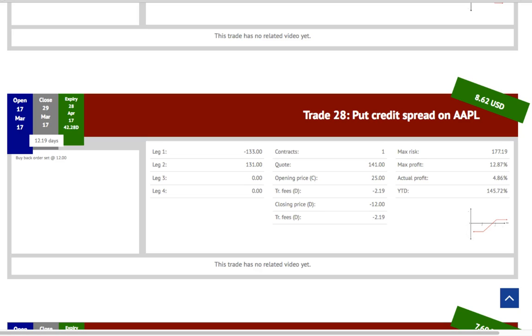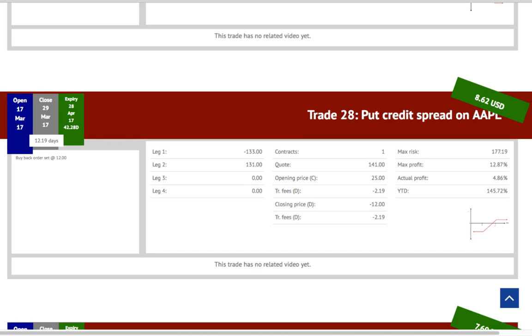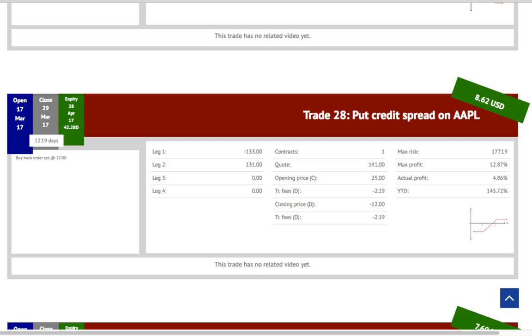And the max risk or the max loss that we can suffer, in case the trade goes wrong, in case our strike gets hit, we weren't able to roll over, we weren't able to do anything at all anymore, in a very unfortunate event, it will be 177.19.